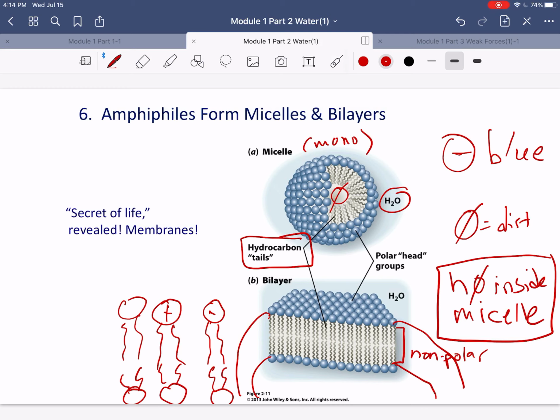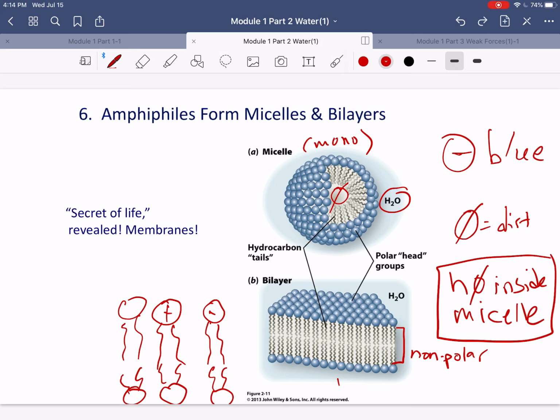So if you're looking at the membrane of a cell, it would wrap around the entire cell, right? This would be the cell. So there would be no edges to these membranes exposed to water. But in a bilayer, you have this sandwich of tails in the middle and head groups on the inside of the cell and on the outside of the cell.